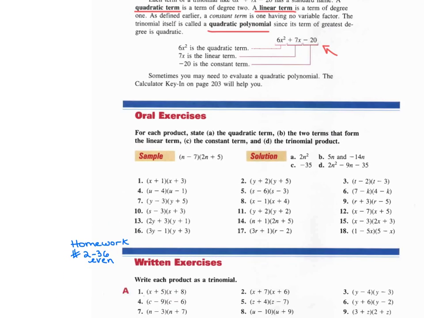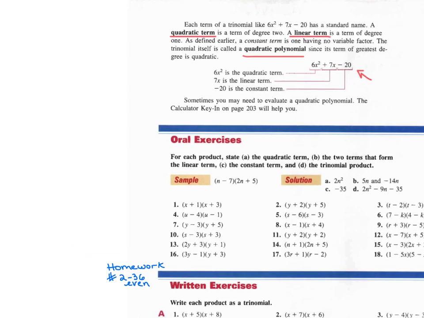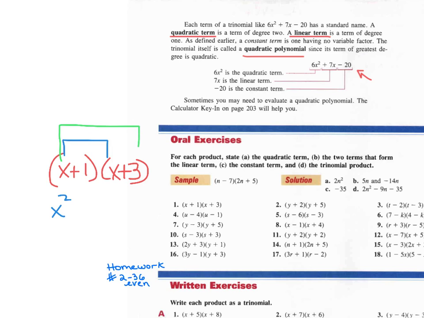So, for example, if I do number 1, it's x plus 1 times x plus 3. Again, I'm going to do first, and that gives me x squared. Outside gives me 3x. The inside or the inner gives me 1x.